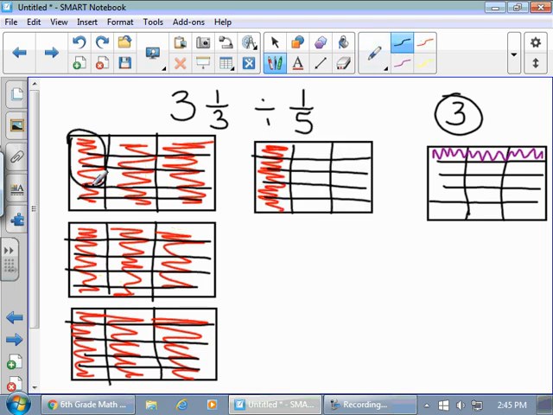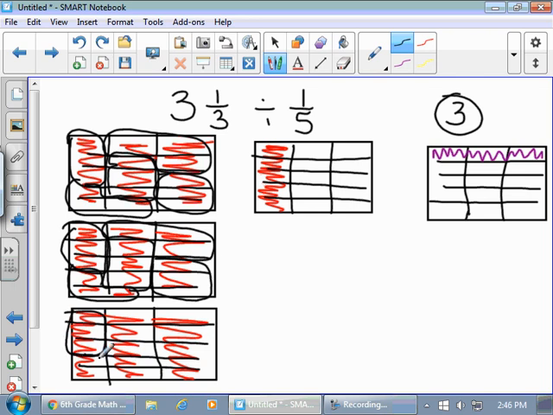So there's 1, 2, 3, 4, 5. Right, because you got 3 whole, you're going to have 3 groups of 5, which is 15. Now, hold on.